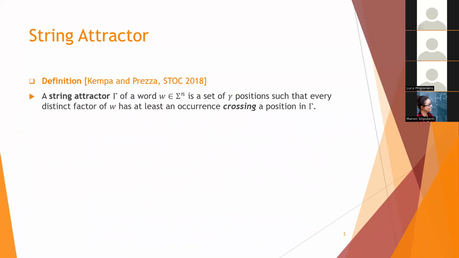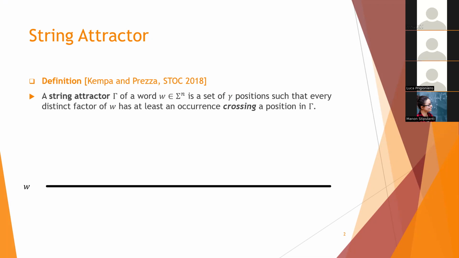Here we have the definition of a string attractor, which was first introduced by Kempe and Prezza in STOC 2018. Basically, a string attractor Γ of a finite word W is a set of positions such that every distinct factor of W has at least one occurrence crossing a position in Γ.